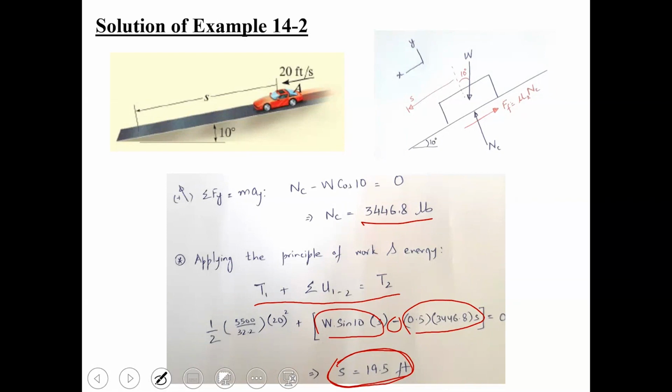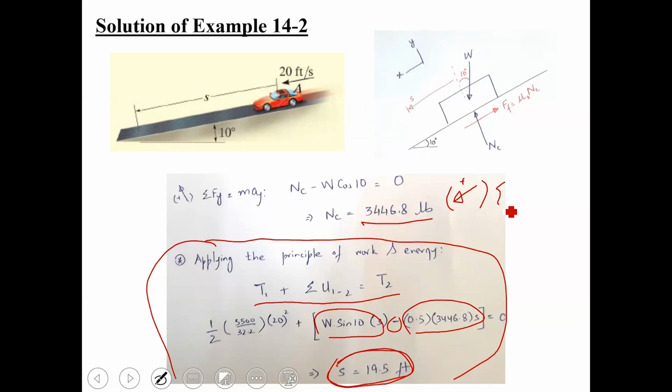Clear. Okay, let me ask you one question. What about instead of using this principle of work and energy, I use the equation of motion? Can I solve it using the equation of motion? Yes, sir. I will apply the equation of motion along the x-axis; along the y-axis I have already applied it.